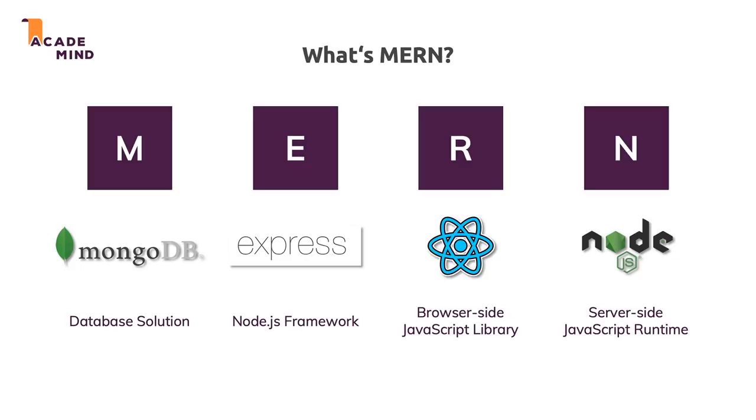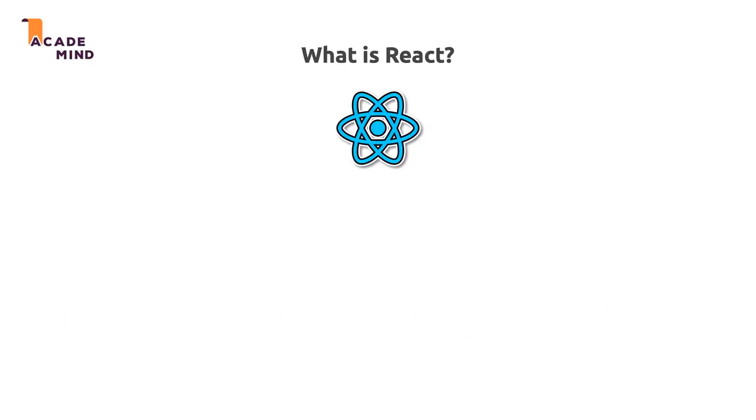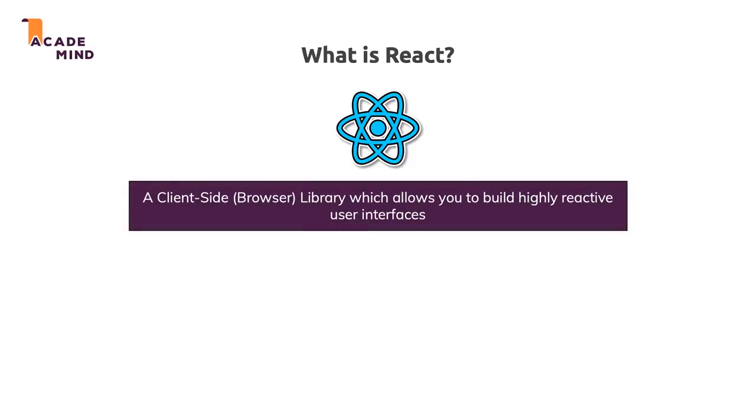So let's take a closer look at each of these technologies to understand which role it plays exactly in that tech stack. So what's React? React is a client-side, so on the browser, library which allows you to build highly reactive user interfaces. So it's all about building user interfaces. With React, you write JavaScript code that will be executed in the browser.